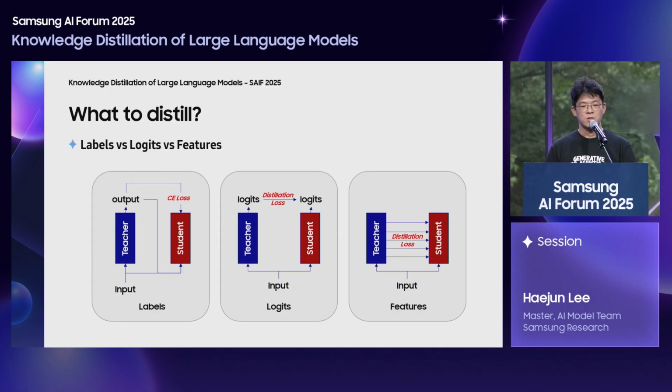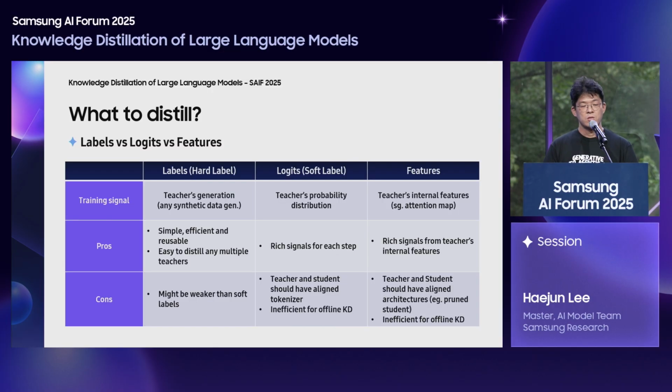Last but not least, the feature-based distillation. This looks at the internal representation of the teacher model and distills that to the student model. For each layer, output representation or attention heads, attention map can be used for distillation.